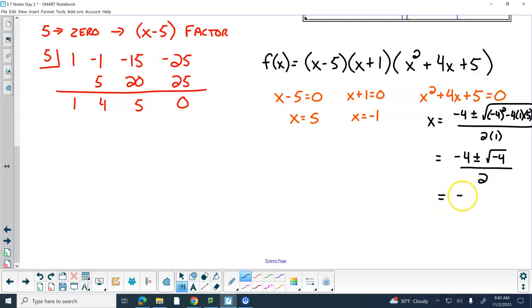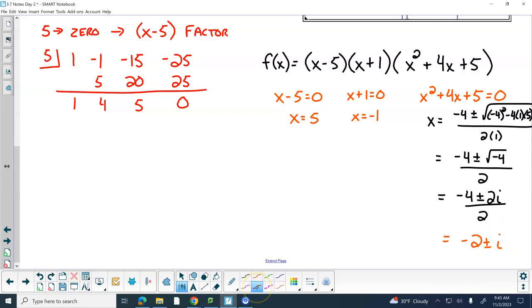Square root of negative 4. What was it? How many i's? 2 i's. Square root of 4 is 2, right? 2 i's. All my outside numbers, can they be divided by 2? So we've got negative 2 plus or minus i.